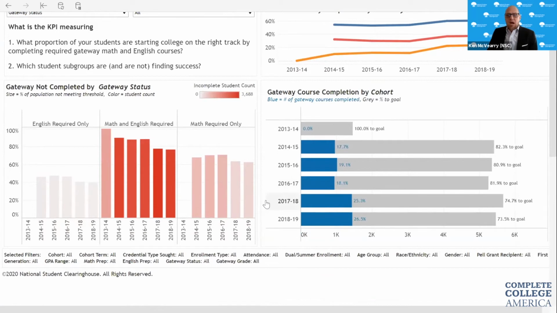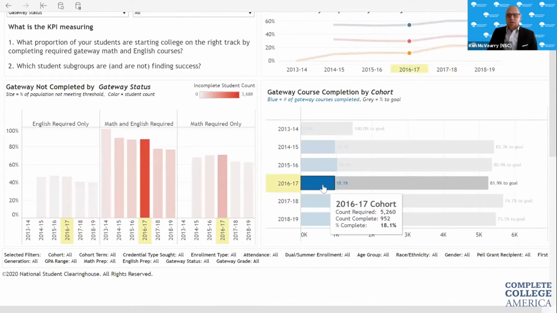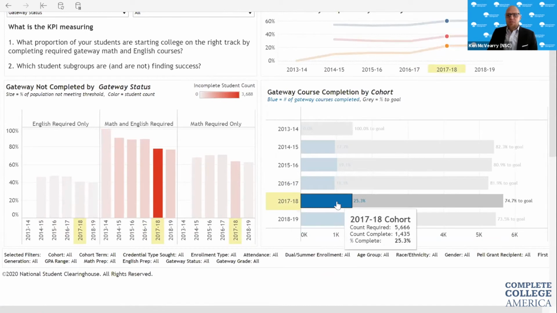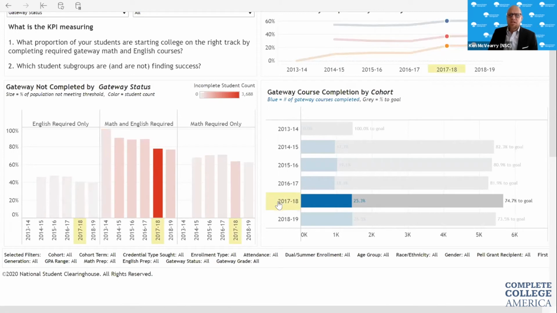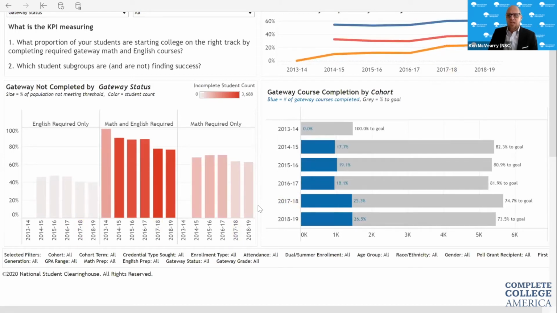And so I look at this, even though it's test data, I see this big bump here going from 18% to 25%, all around gateway course completion, improving gateway course completion, which is a hugely predictive indicator of ongoing student progress and completion. So this test school, right, they moved the needle. Clearly, they implemented some type of student success strategy here in the 17-18 year, and it carried through and was still seeing success the next year and even improved a little bit.